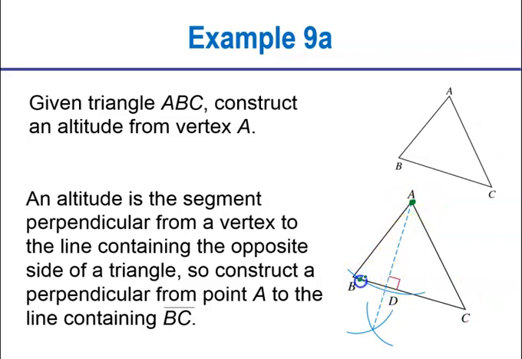Then you put your pointer here and strike that arc. Don't change a thing. Put your pointer here, strike that arc, and connect up A and the intersection D. And what you found is your altitude. So the segment from A to line BC is the altitude of your triangle.